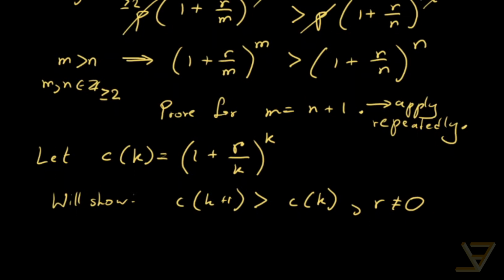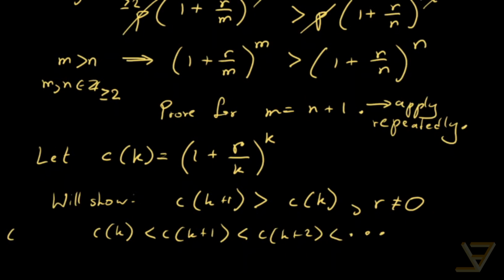And that's going to lead to c of k less than c of k plus 1 less than c of k plus 2 and off to infinity. In fact, you can start with c of 2 and move up from there.